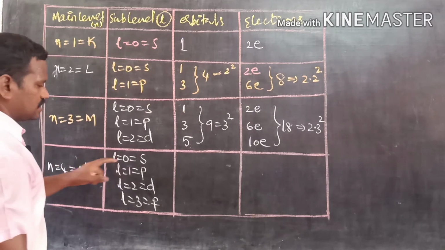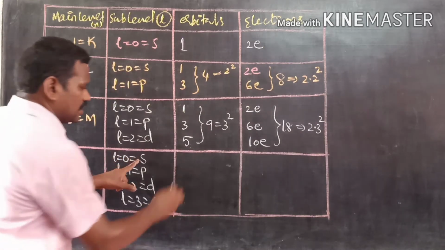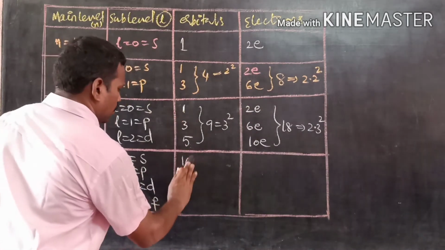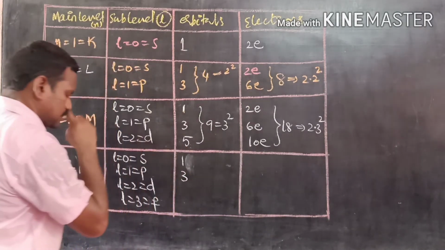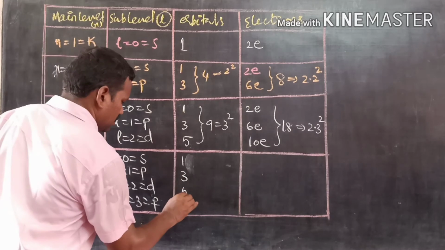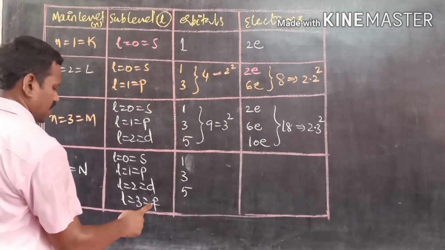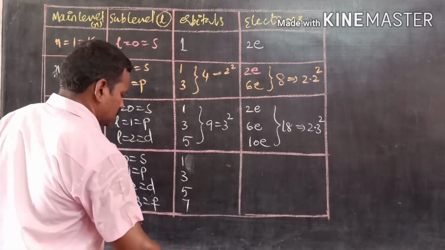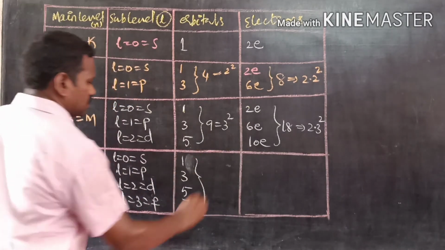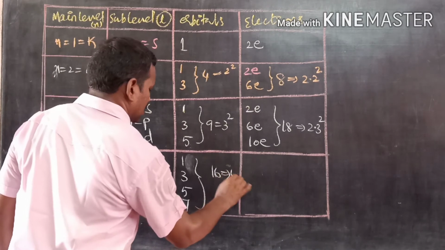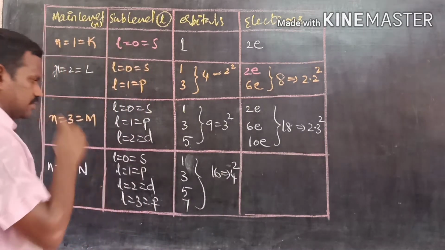How many orbitals are there? The s sublevel has one orbital, the p sublevel 3 orbitals, the d sublevel 5 orbitals, and the f sublevel can accommodate 7 orbitals. The total number of orbitals is 16. It can be written as 4 squared.